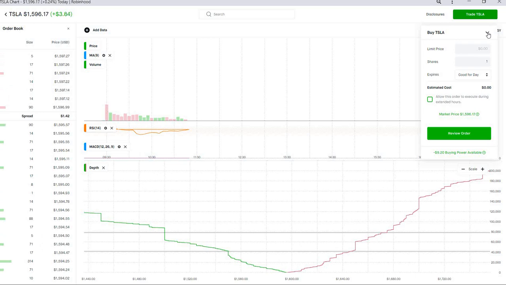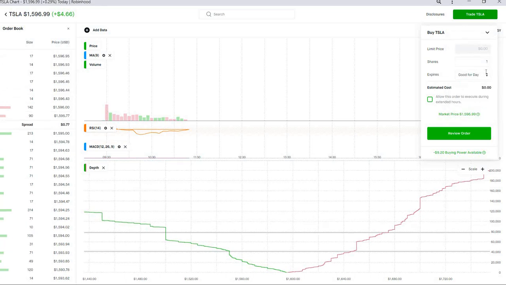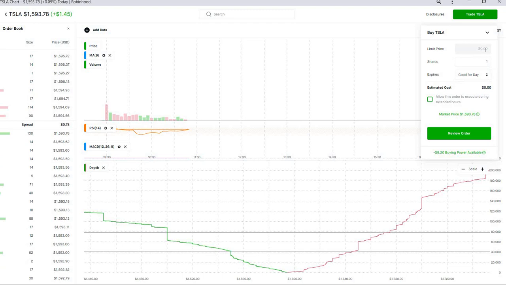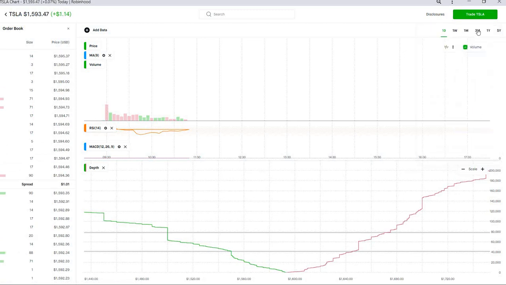But the other good thing about Robinhood is you can buy in shares or you can buy in amount.